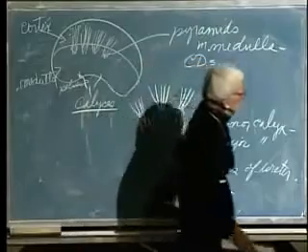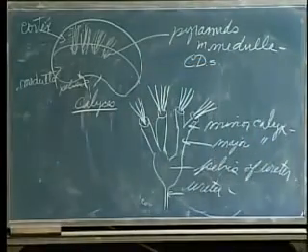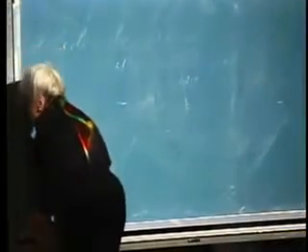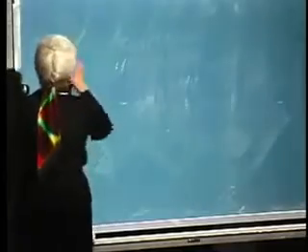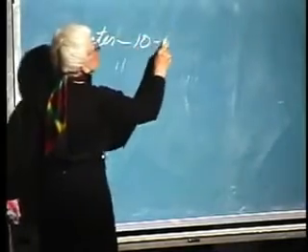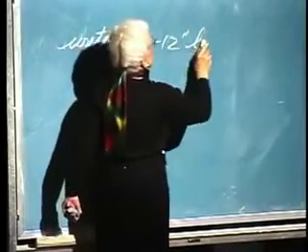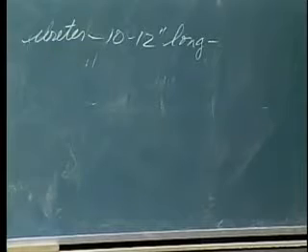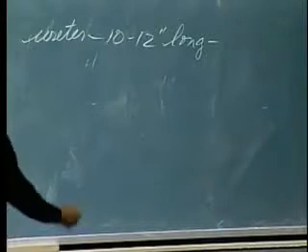How big is your ureter? How long? The ureter, it's about 10 to 12 inches. And it's conveying then the urine from the kidney to the urinary bladder.